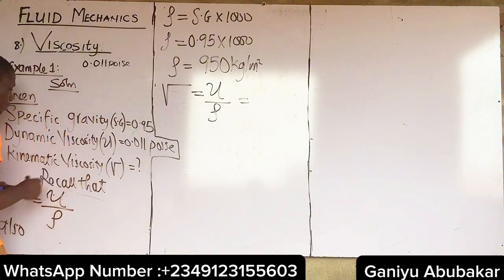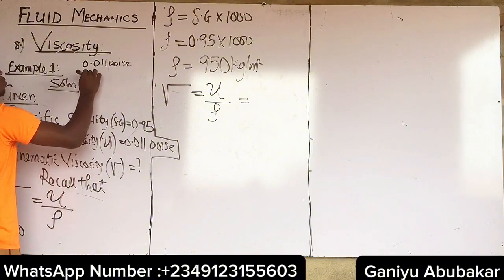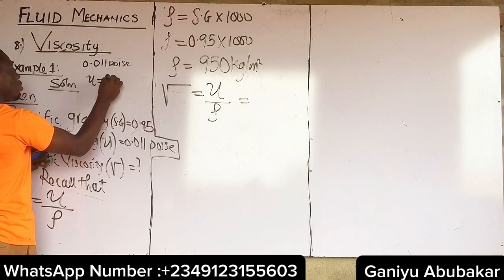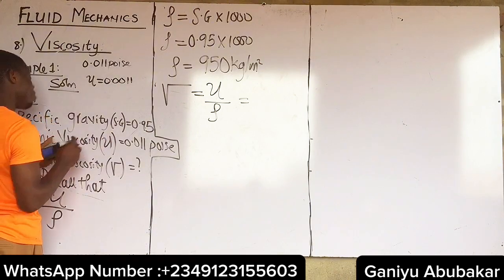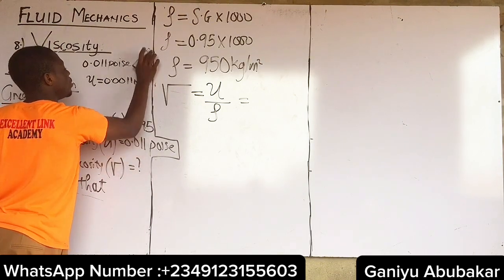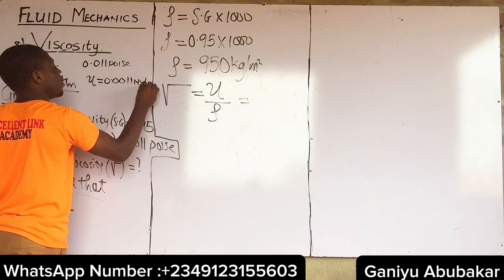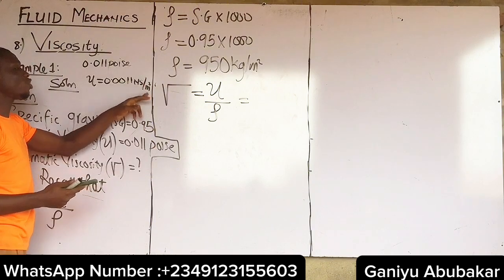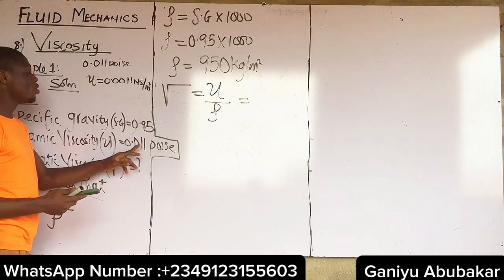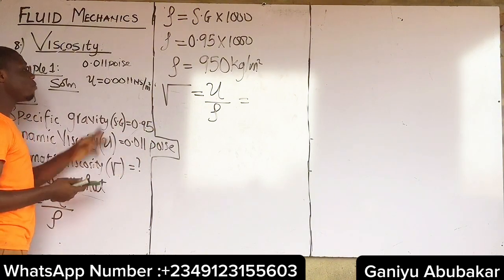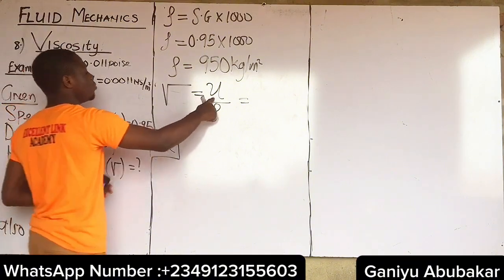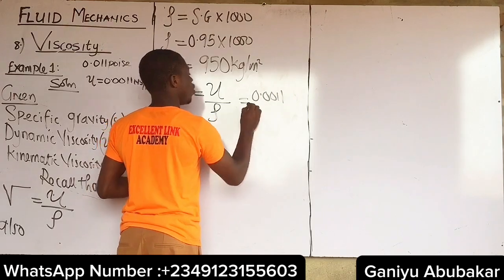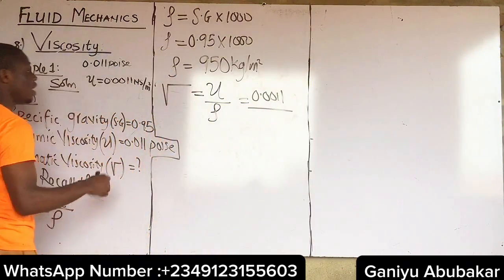Let me just put it here. Mu is now equal to, after converting, 0.0011 Newton seconds per meter squared. To convert poise back to Newton seconds per meter squared, divide by 10. So I'm using this one, not the other. So mu, which is 0.0011, all over rho, mass density, that's 950.